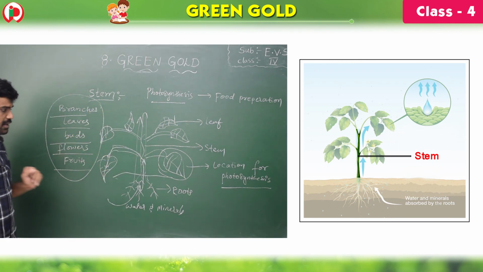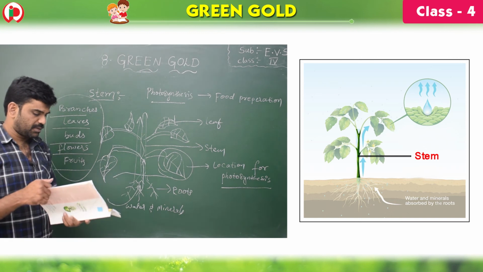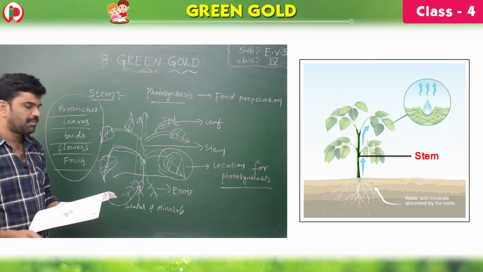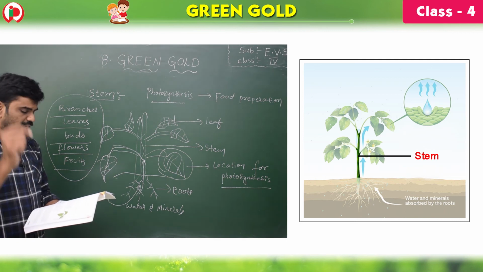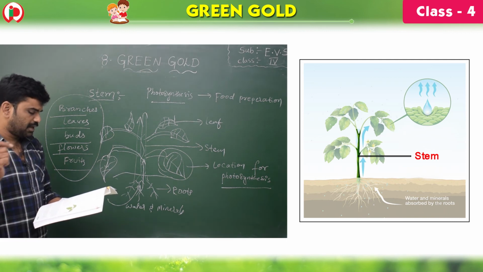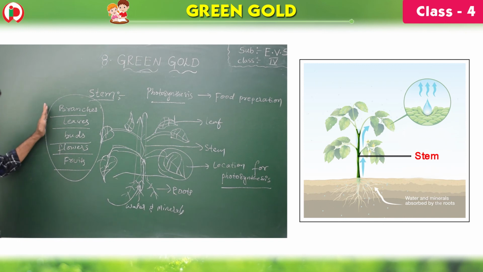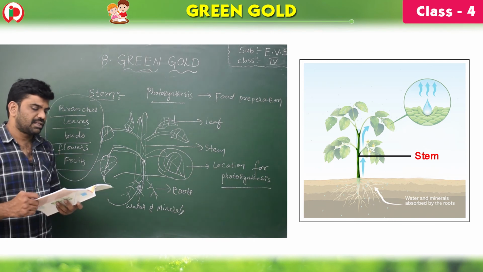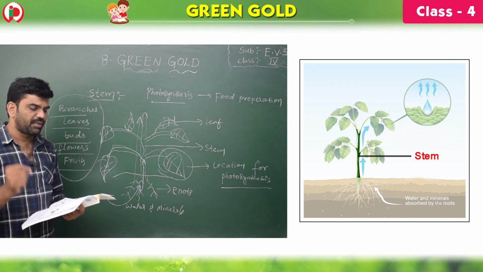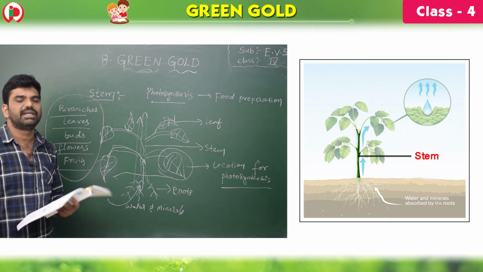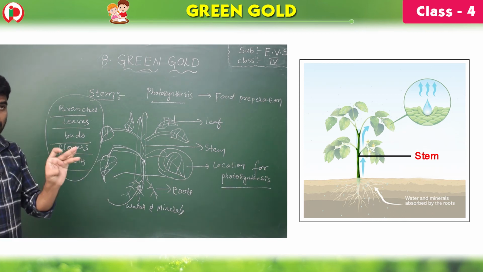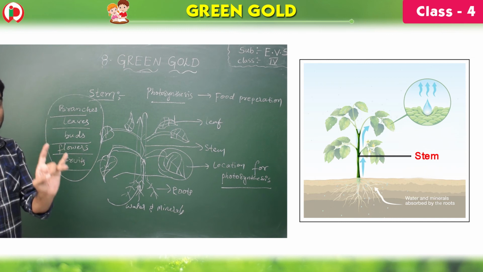And next one, stem grows upwards, allowing leaves at the bottom of the plant to reach the sunlight for food production. Next one, stem bears branches, leaves, buds, flowers, fruits. Next one, the stems of some trees are very hard, strong, and woody.